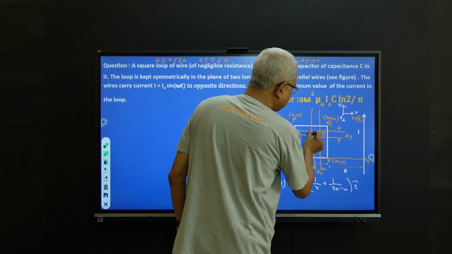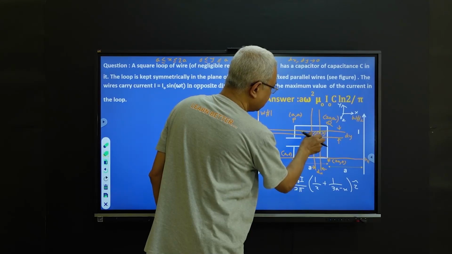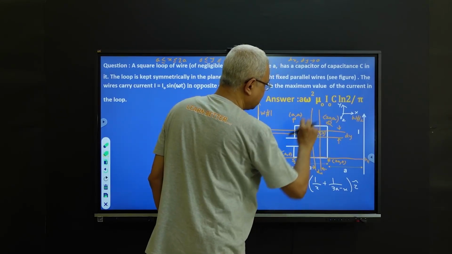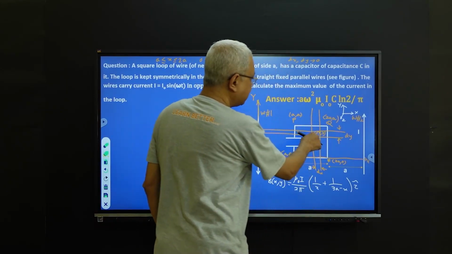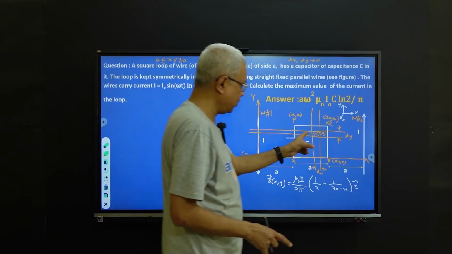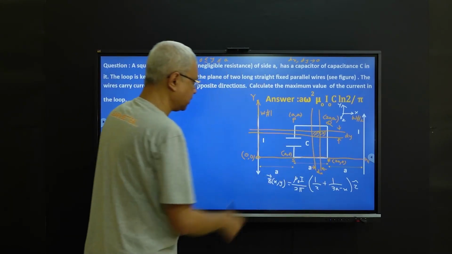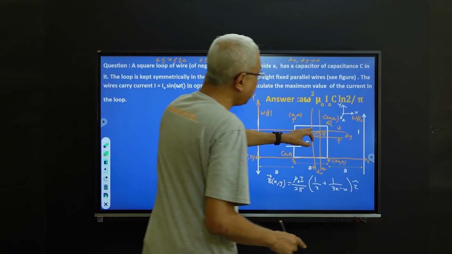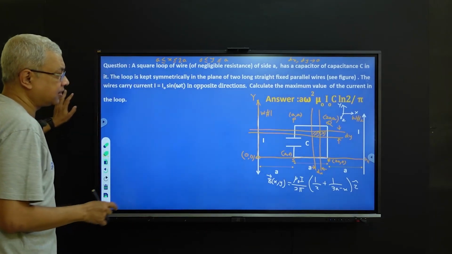But let us consider this small area whose thickness is dx and width is dy. Since dx and dy are very small, we can assume that through this area the magnetic field will be uniform, and that value of magnetic field will be given by this particular expression. So what is the flux linkage through this small rectangular area dx dy?